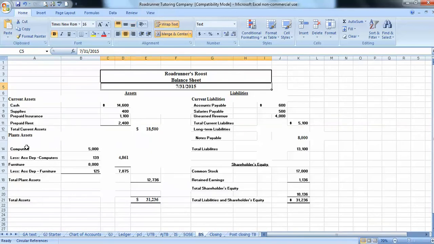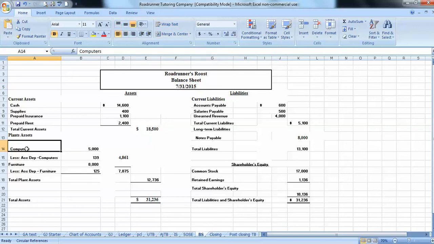I do want to make note, now here is how, when I said that the computer is the asset and the contra asset is subtracted from the computer to give you the book or carrying value, there is the book or carrying value of the computer. Here is the book or carrying value of the furniture. And this tells investors we have computers that were worth $5,000.